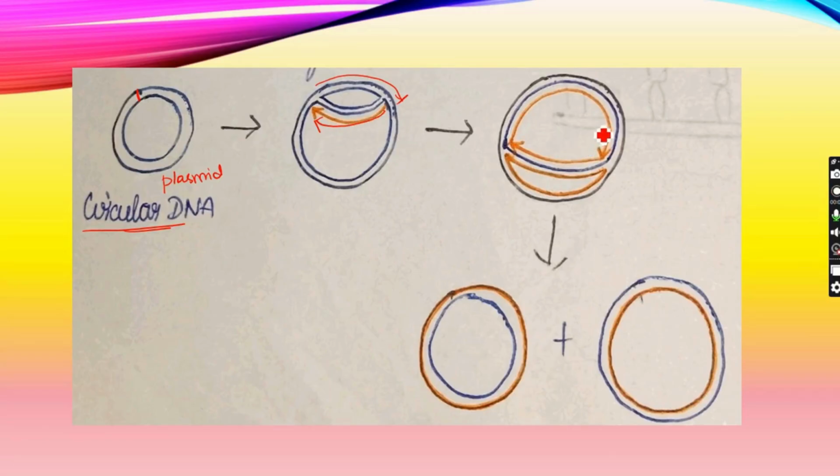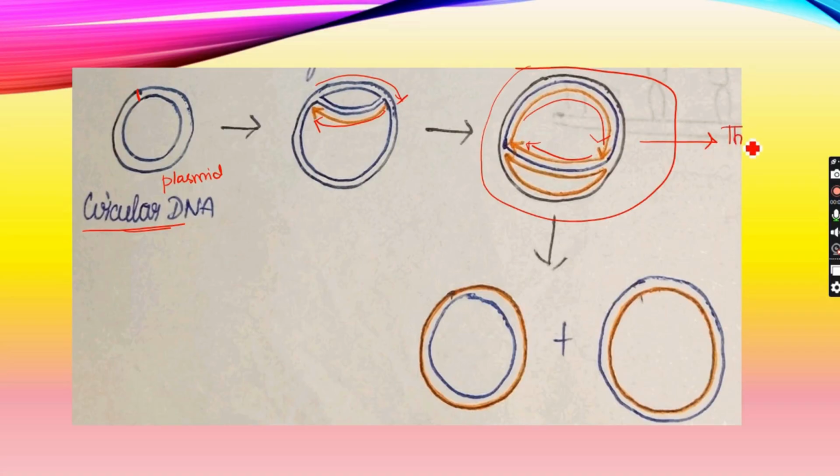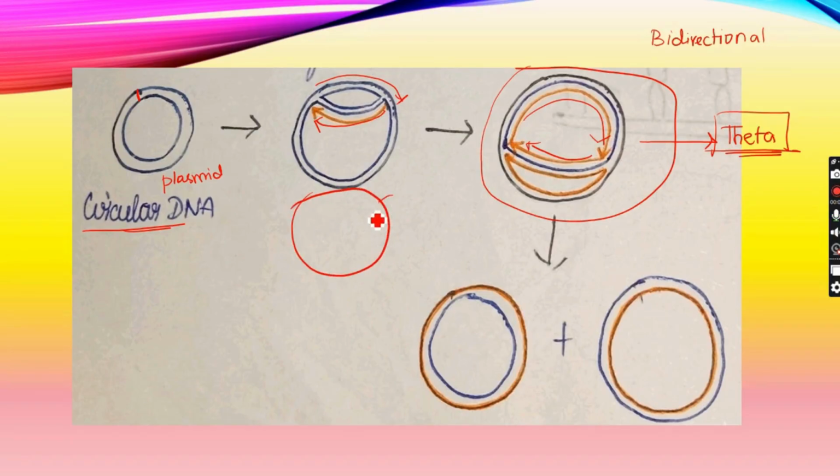In the photograph, it was found to look like the Greek letter theta. So this bidirectional replication is also known as Cairns replication or theta replication due to its resemblance to theta. In this manner, after they replicate, at the end of the termination site, it forms a catenane.